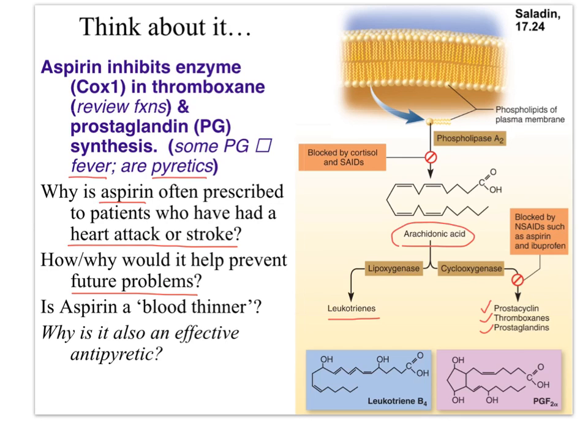So if we want to decrease clotting, we can have you on prophylactic NSAIDs, taking a small amount of aspirin every day, for example, and you will make less of that thromboxane and be less likely to clot. So that can be very helpful. Aspirin is also used as an antipyretic drug because, as we just discussed, some of these prostaglandins are pyretics, so if you want to have less fever, aspirin helps with that.